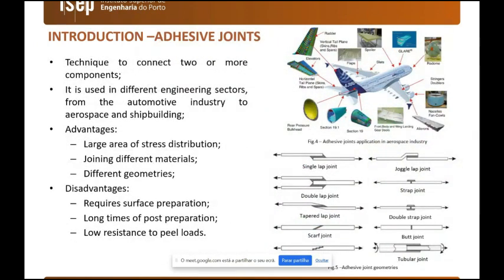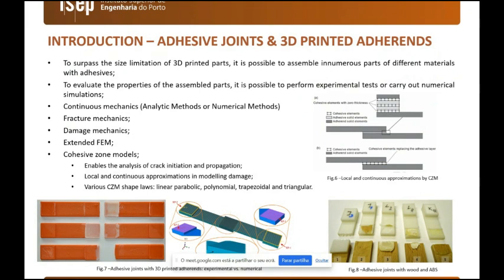Within this scope, we have adhesive joints, a technique used for structural connection in different sectors, which has both advantages and disadvantages. The combination of these two technologies allows us to surpass the size limitation of 3D printing, but for that we need numerical techniques that allow us to quickly design this type of connection, which can be done with different methodologies.